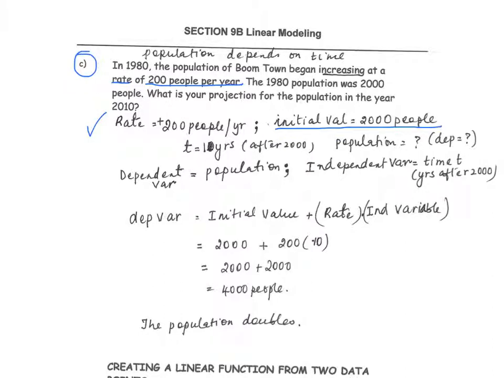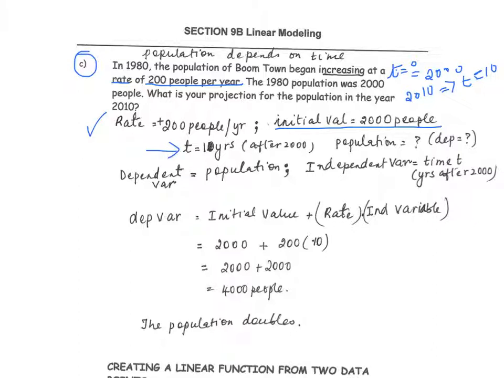What is your projection for the population in the year 2010? So if the year 2000 corresponds to time t equals 0, then the year 2010 corresponds to t equals 10 years.